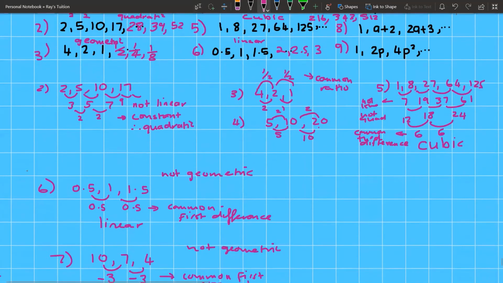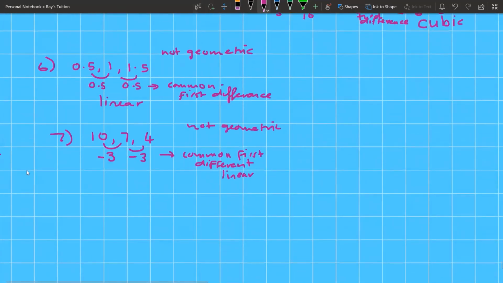Now the last two have a few alphabets in it. Let's see. So we have 1, a plus 2, and 2a plus 3. So this divided by this, so we're dividing first. So we have a plus 2, and this divided by this is 2a plus 3 over a plus 2. So it doesn't have a common ratio, so it is not geometric. Let's look at our differences.